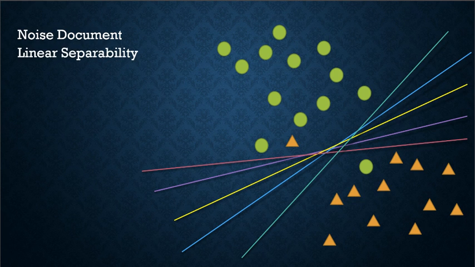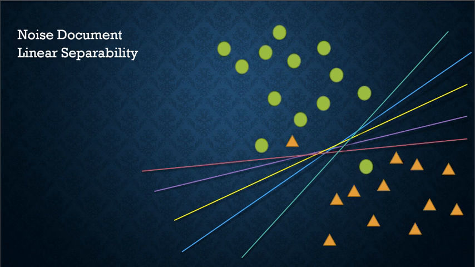If there exists a hyperplane that perfectly separates the two classes, then we call the two classes linearly separable. In fact, if linear separability holds, then there is an infinite number of linear separators, where the number of possible separating hyperplanes is infinity.